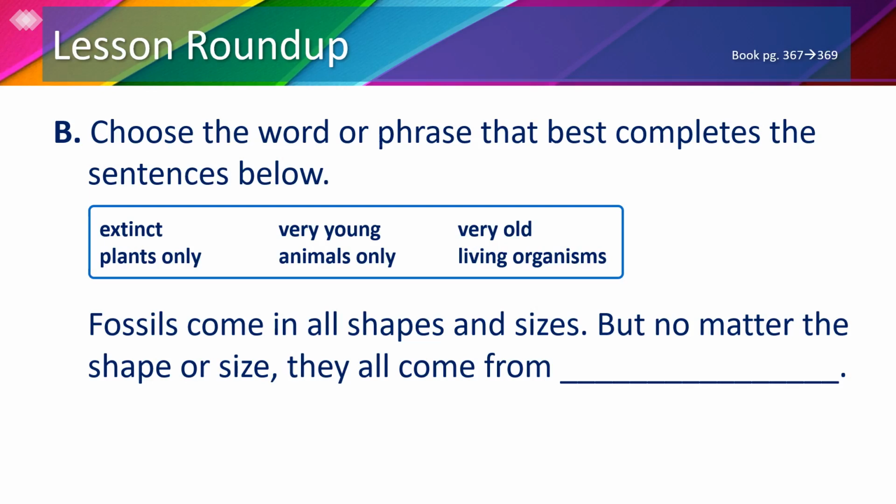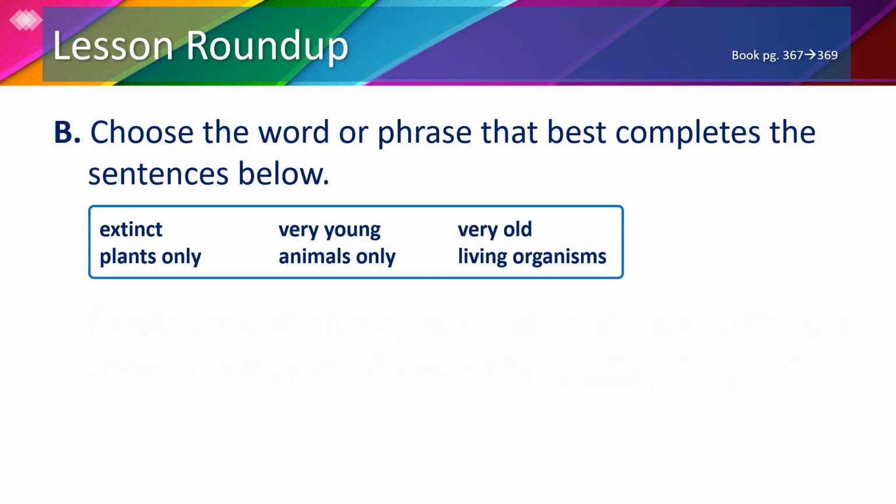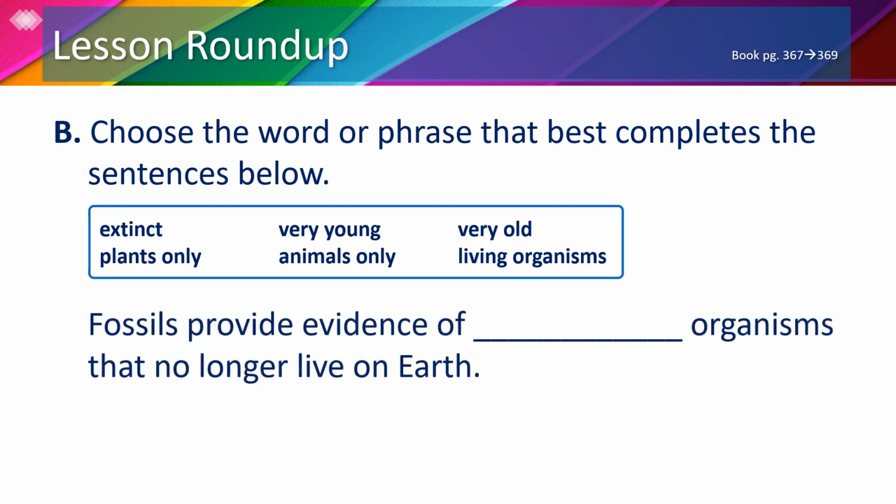Remember the definition of fossil. It is the remains or traces of an organism that lived long ago. So the answer is living things. The second sentence says, fossils provide evidence of blank organisms that no longer live on Earth. There is a definition for organisms that no longer live on Earth. It's extinct.